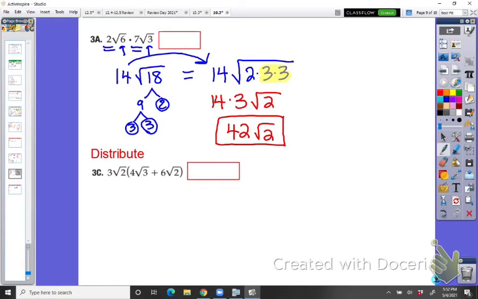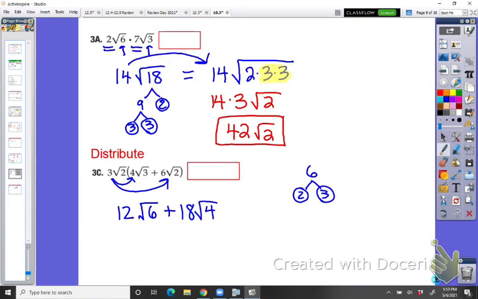And lastly, the second distribution. So 3 times the front 4 gives us 12. Numbers underneath make 6. The fronts on the second one make 18. Underneath you get 4. If you did a little tree for 6, you know that it's 2 times 3 and you don't have any pairs.